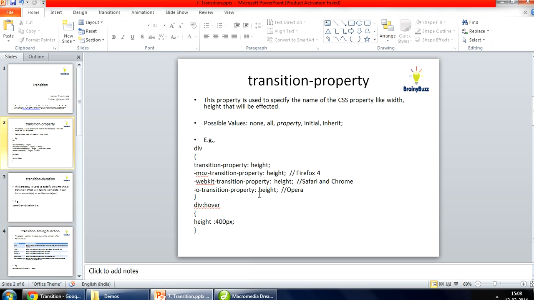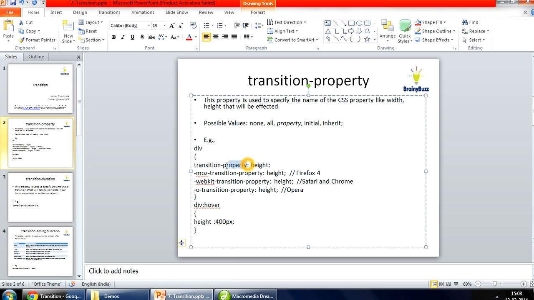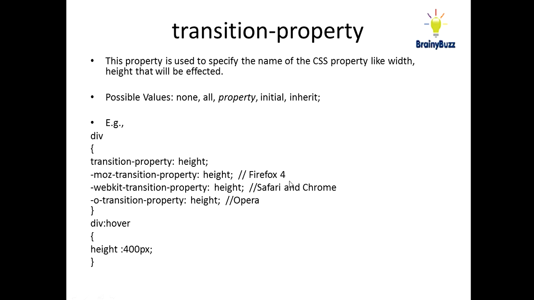One more thing that you have to keep in mind is that your original transition property is like this, but for Firefox, like Mozilla, you have to append -moz in front of this transition property.